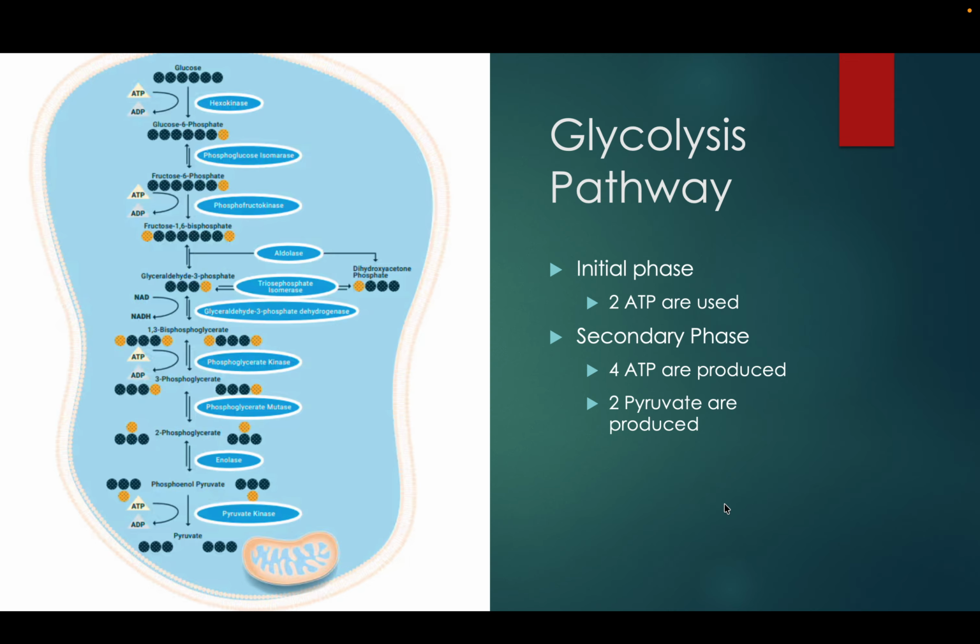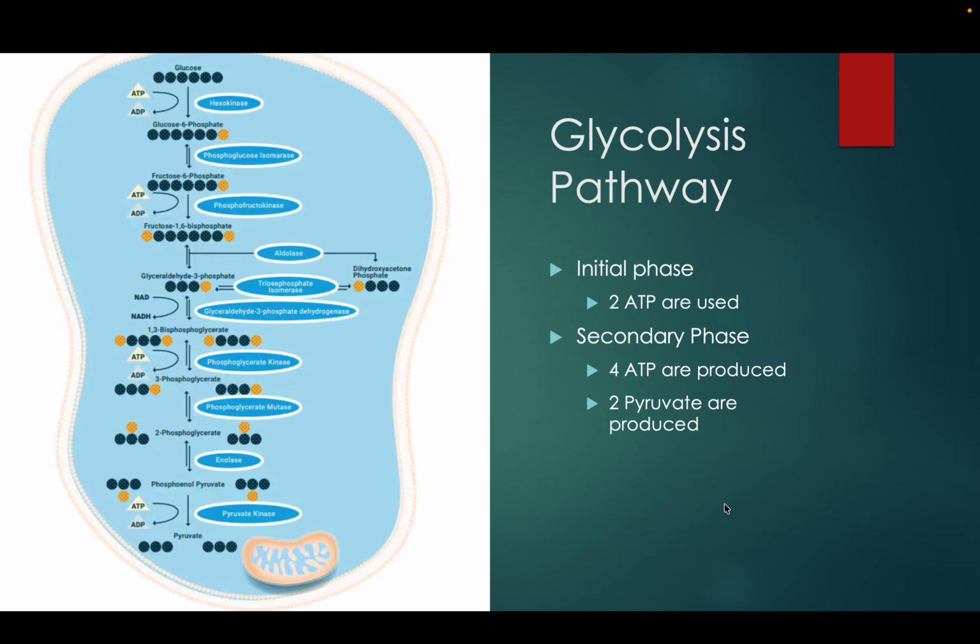This process begins by glucose being converted into glucose 6-phosphate by an enzyme known as hexokinase, and the use of 1 ATP. The ATP is converted into ADP during this step. Glucose 6-phosphate is then converted into fructose 6-phosphate by an enzyme called phosphoglucose isomerase.